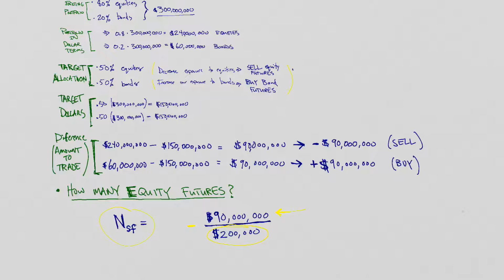But the one thing that we also need to look at is the relative betas of the futures contract versus our underlying equity portfolio. Because betas measure how sensitive something is to the overall market.